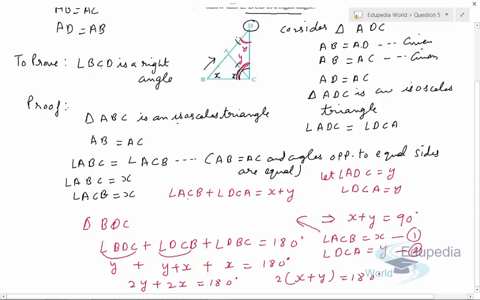This angle plus this angle will become angle BCD. And we have proved that x plus y equals 90 degrees. So angle BCD equals 90 degrees.